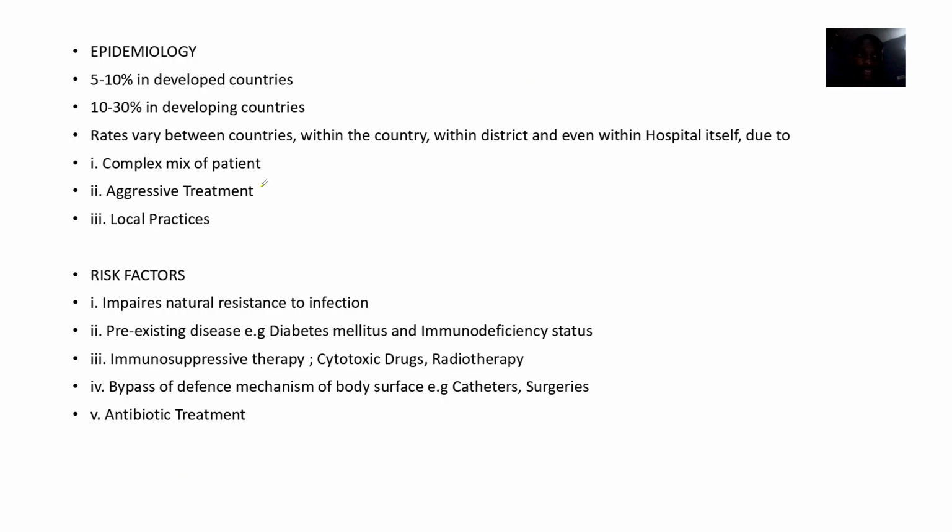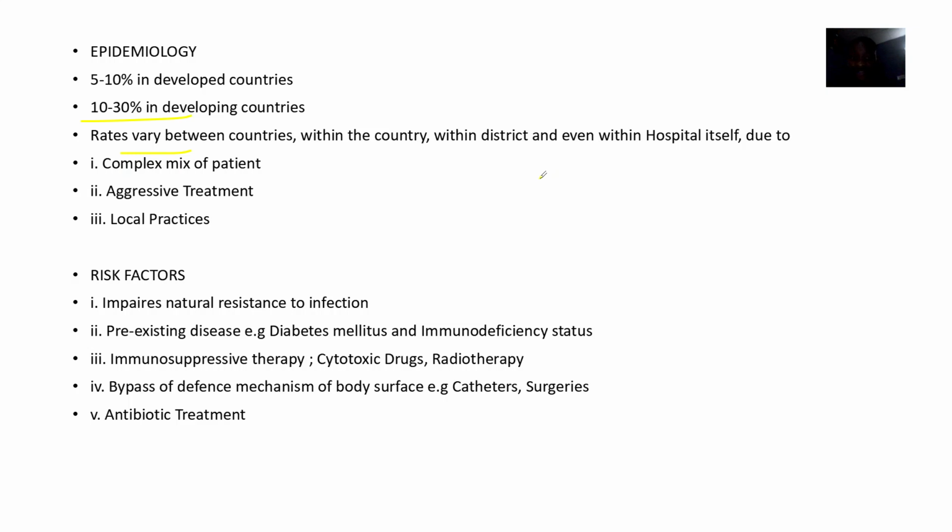So epidemiology now. It's 5 to 10% in developed countries, 10 to 30% in developing countries. So rates vary between countries, within the country, within districts, and within even the hospital itself. And this is due to what? Complex mixture of patients, aggressive treatment, local practices.